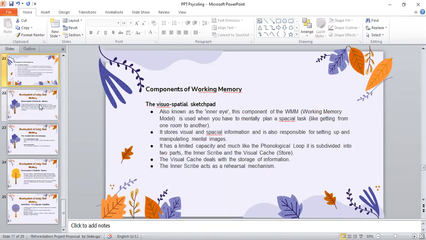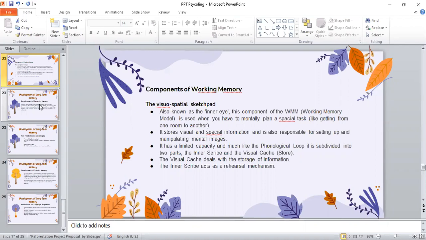The last is the visual-spatial sketchpad, also known as the inner eye. This component of the WMM, or working memory model, is used when you have to mentally plan a spatial task, like getting from one room to another. It stores visual and spatial information and is also responsible for setting up and manipulating mental images.